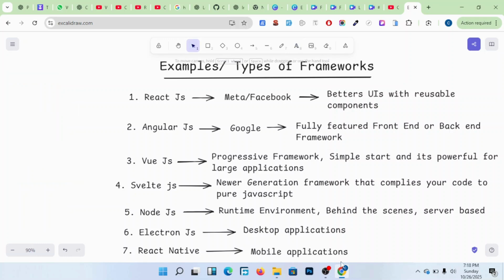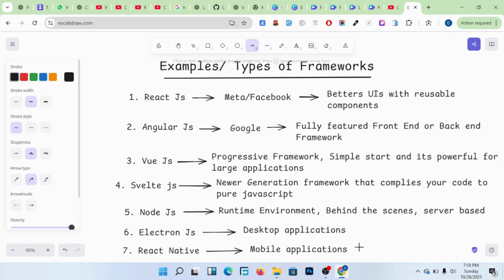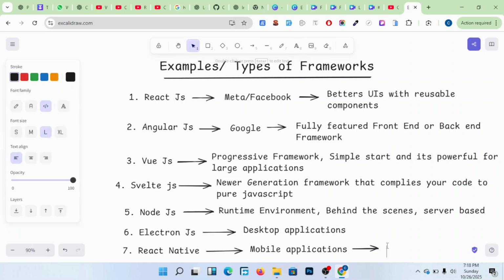So members, if you want to build mobile applications, those applications which go on the Play Store, you have seen those ones which go on the Play Store, Apple Store.